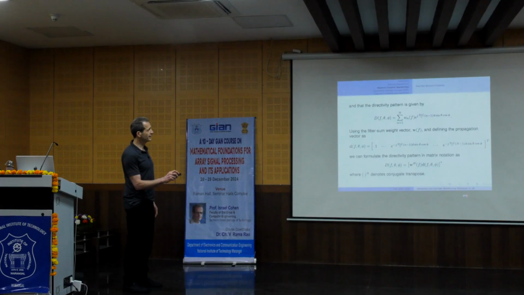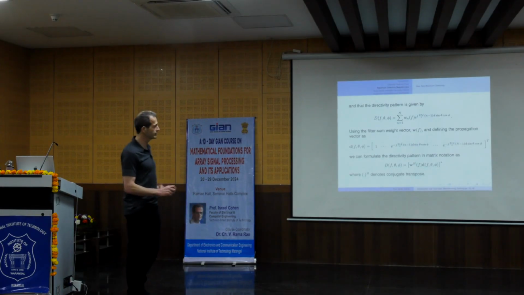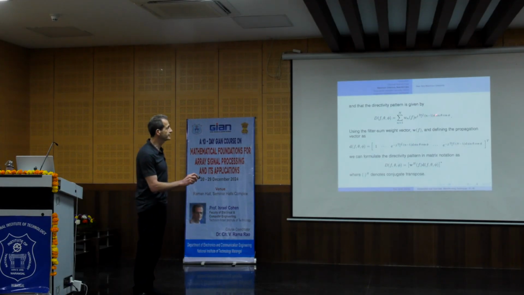Actually, I can get something similar for any configuration of the array, but for simplicity, we use here a uniform linear array with the inter-element spacing, which is d. So we can write this like this: w conjugate transpose multiplied with d. So in a vector form, this summation looks like this.